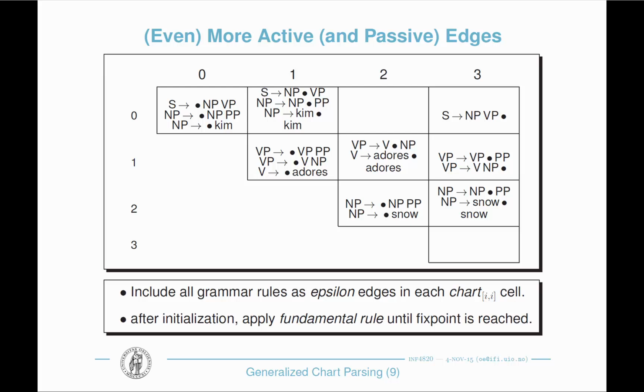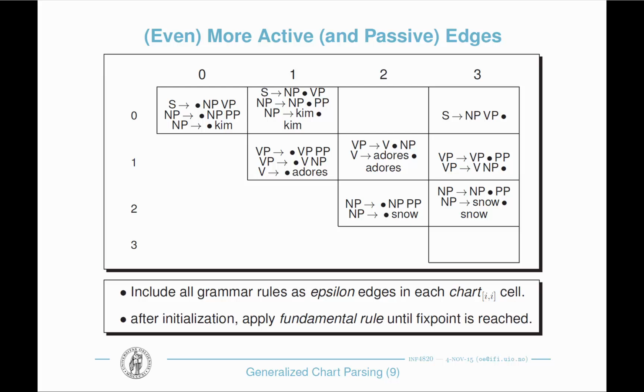It's not what I recommend for implementation because we'll want to use more efficient ways of deciding where to actually introduce active edges. Well, as it so happens, there are no obvious cases of useless epsilon edges.